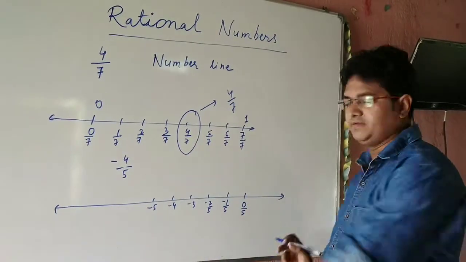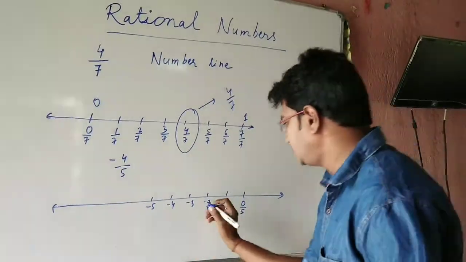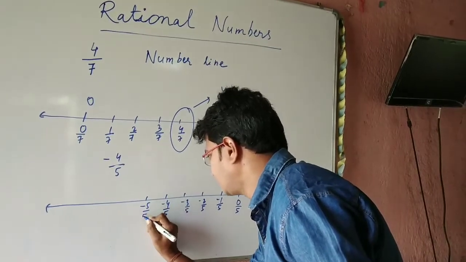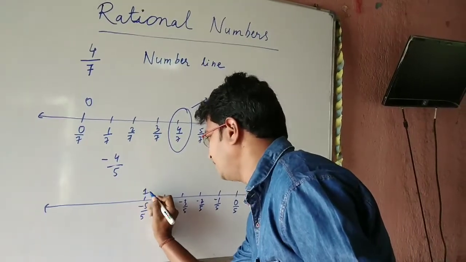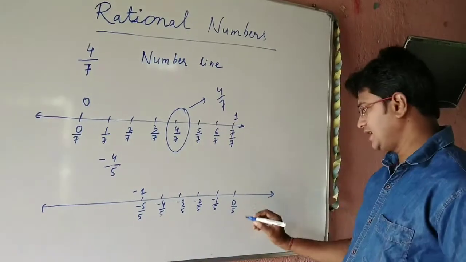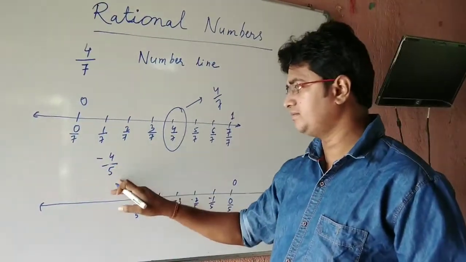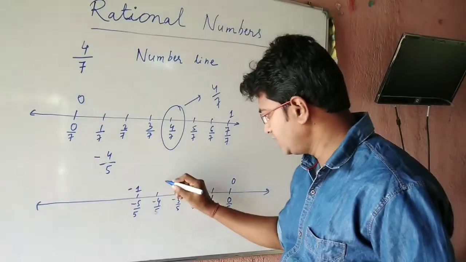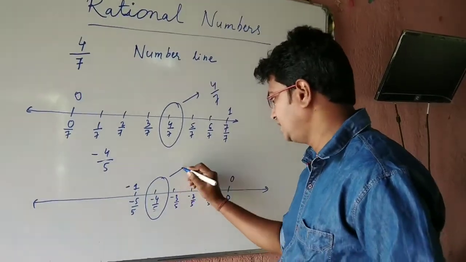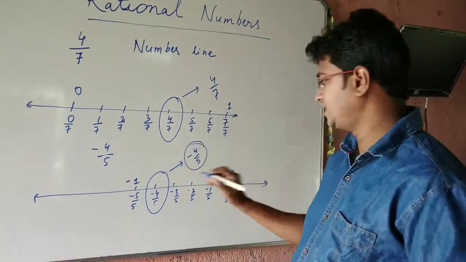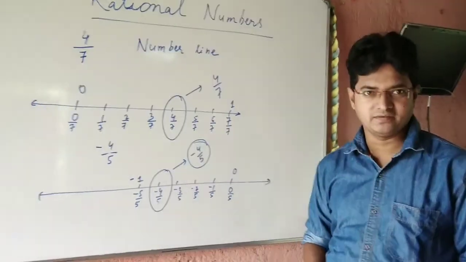First I have made 5 equal divisions, and all the terms we are dividing by 5. Minus 5 by 5 is minus 1, and 0 by 5 is 0. What was asked to represent? Minus 4 by 5. So here is minus 4 by 5. This becomes your answer, the representation of minus 4 by 5.